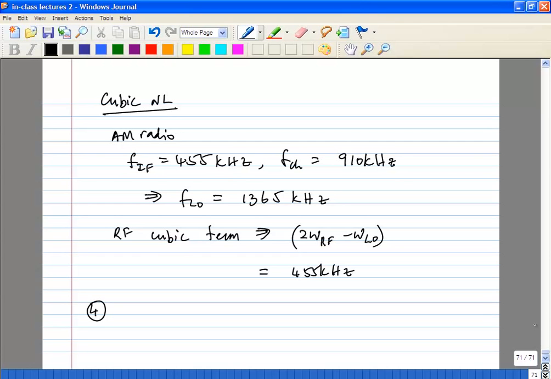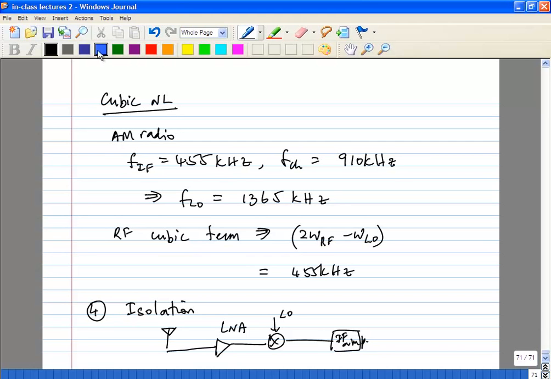The fourth metric is isolation. So let's say you have an LNA, and you have your IF amplifier.